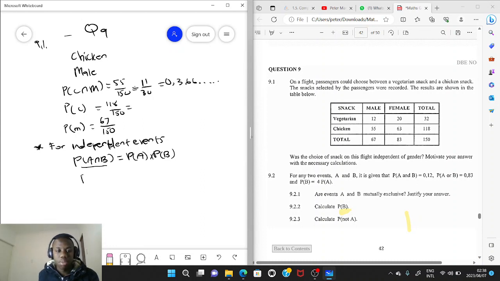Now what is the probability of C multiplied by the probability of L? We'll say 118 over 150 multiplied by 67 over 150.